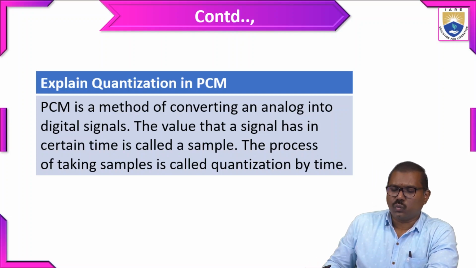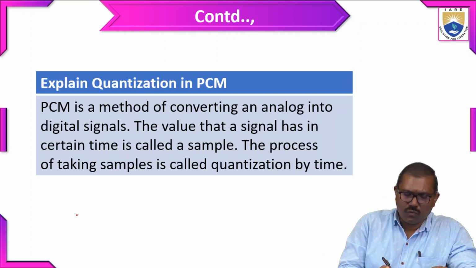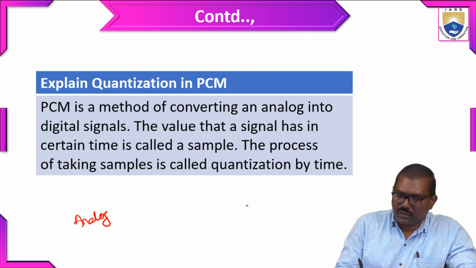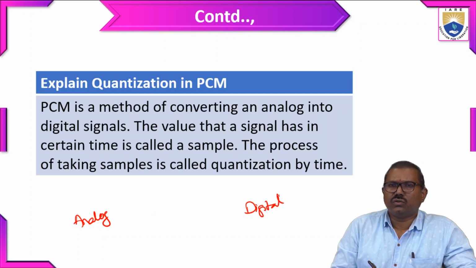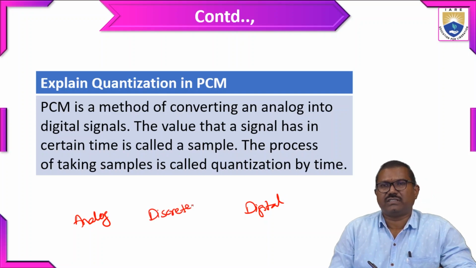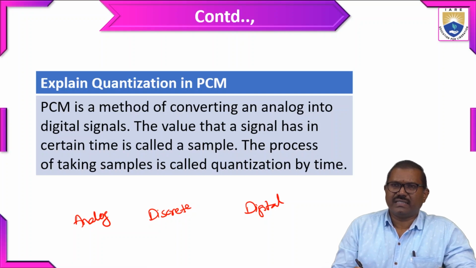So here we can see how an analog signal is converted into a digital one. First the analog signal is converted into discrete form, then it converts into digital. So how is an analog signal converted into discrete?